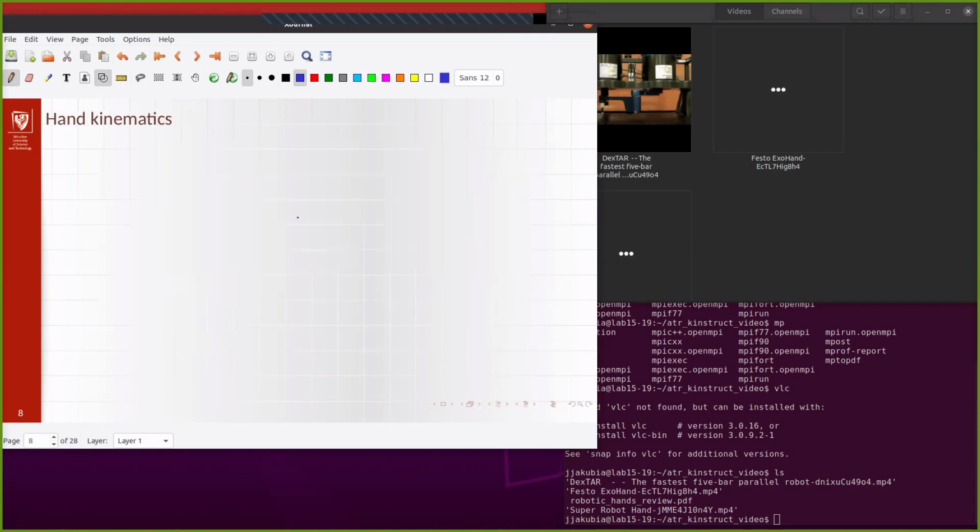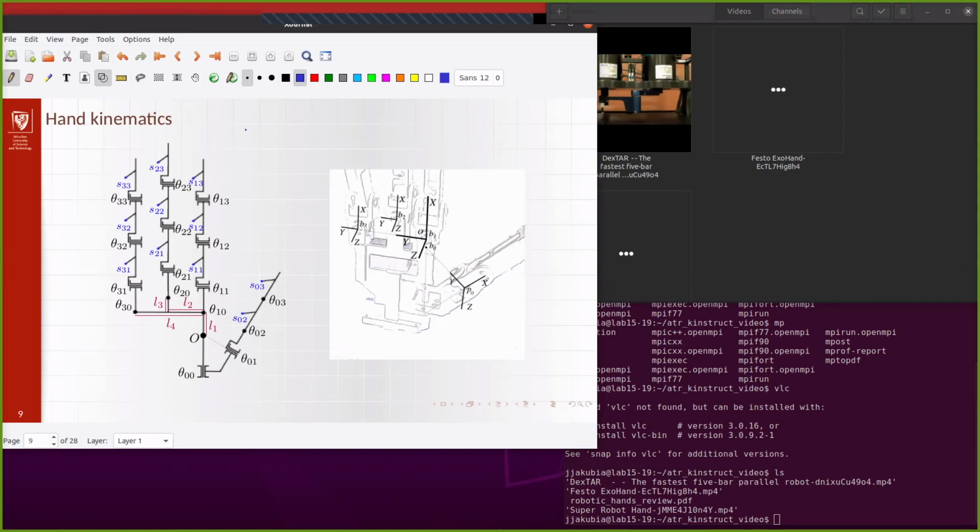Okay, maybe we will skip the part of the exact model, and let's talk about the hand kinematics, and look at an example of it on this drawing. As you can see here, you have the palm, you have the fingers that are attached, and when you represent it using standard mechanical representations, you can see how the joints are placed.